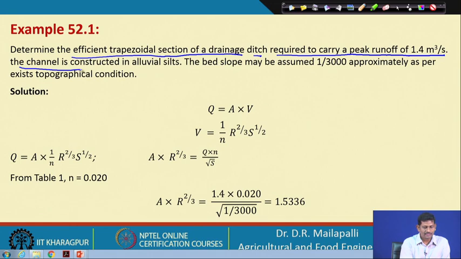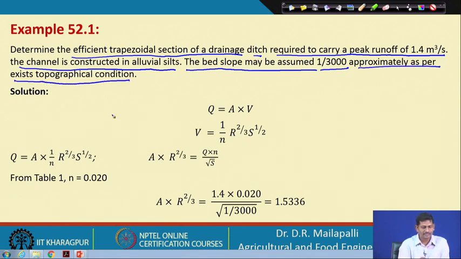And then the channel is constructed in alluvial silt. From the table we can get some information on maximum permissible velocity and also Manning's n. The bed slope may be assumed 1 by 3000 approximately as per existing topographical conditions.